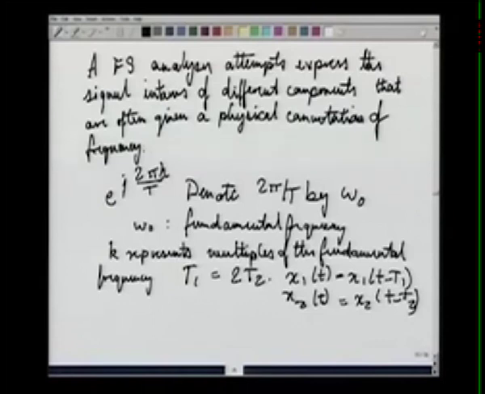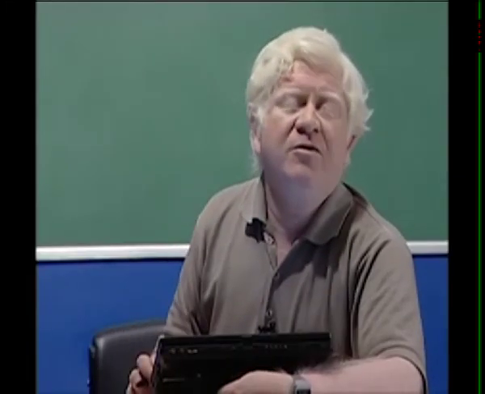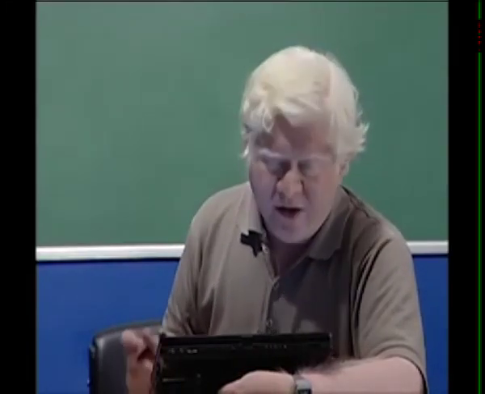Then let us try to understand what the Fourier spectra are likely to look like. Suppose I plot mod x 1 k. Remember that T 1 equals 2 times T 2. That means omega naught 1, which is the fundamental frequency for x 1 of t, will be half of the fundamental frequency of x 2 of t.